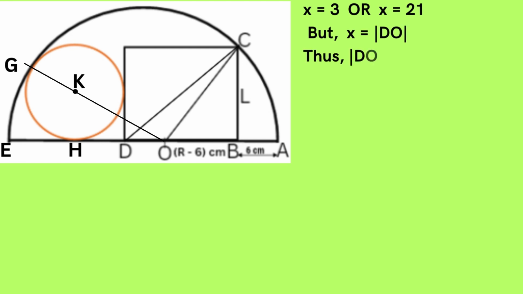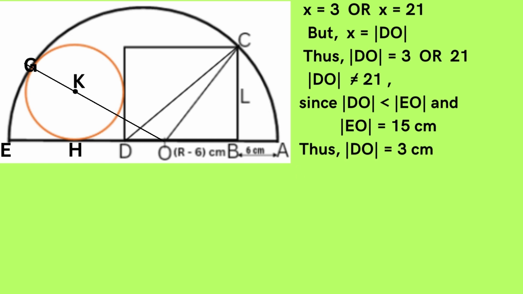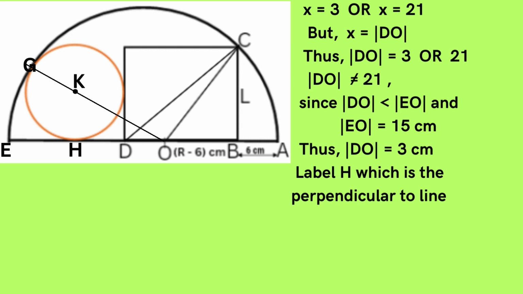So x equals 3 or x equals 21, but x equals DO. Thus, DO equals 3 or 21. DO is not equal to 21. Thus, DO equals 3 centimeters.